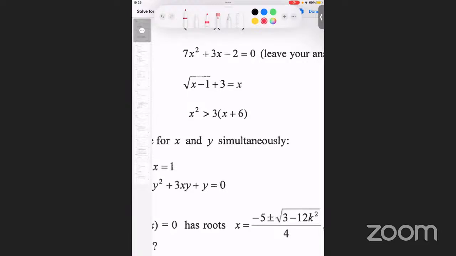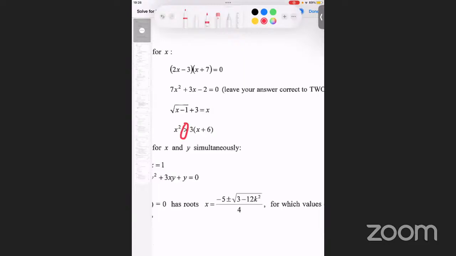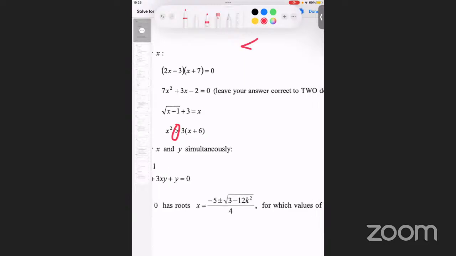That one in English is actually less than, meaning smaller than.